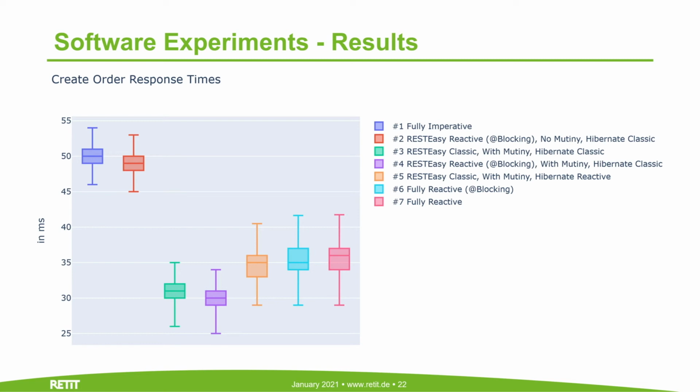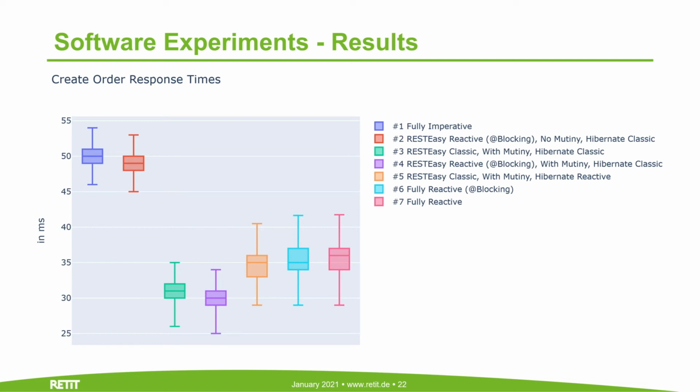So the fully imperative solution number 1 averages a response time of 50 milliseconds, while the variant with the blocking RESTEasy Reactive, solution number 2, has a mean response time of 49 milliseconds. And remember again, the processing of the request between the two is identical, but using RESTEasy Reactive with ad blocking seems to perform, even if slightly, better than RESTEasy Classic.